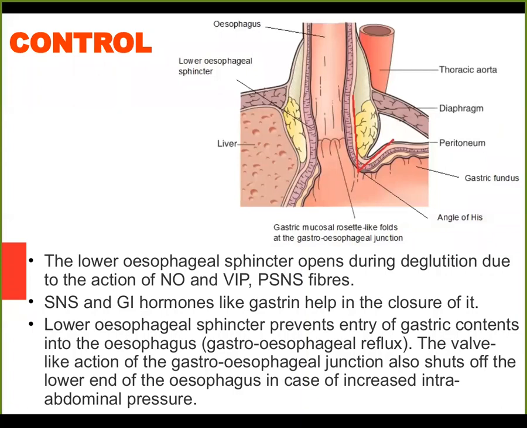In children, especially in newborns, babies, and in the first 6 months, it may be normal, but with aging, the sphincter works better and prevents back propagation of food. So in adults, reflux is not normal and needs to be corrected by a gastroenterologist.